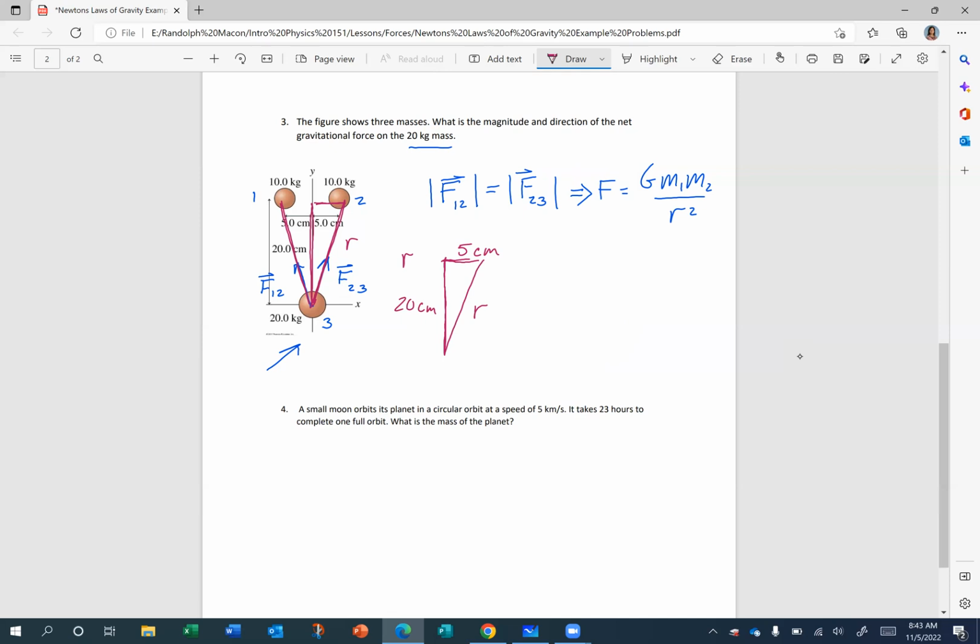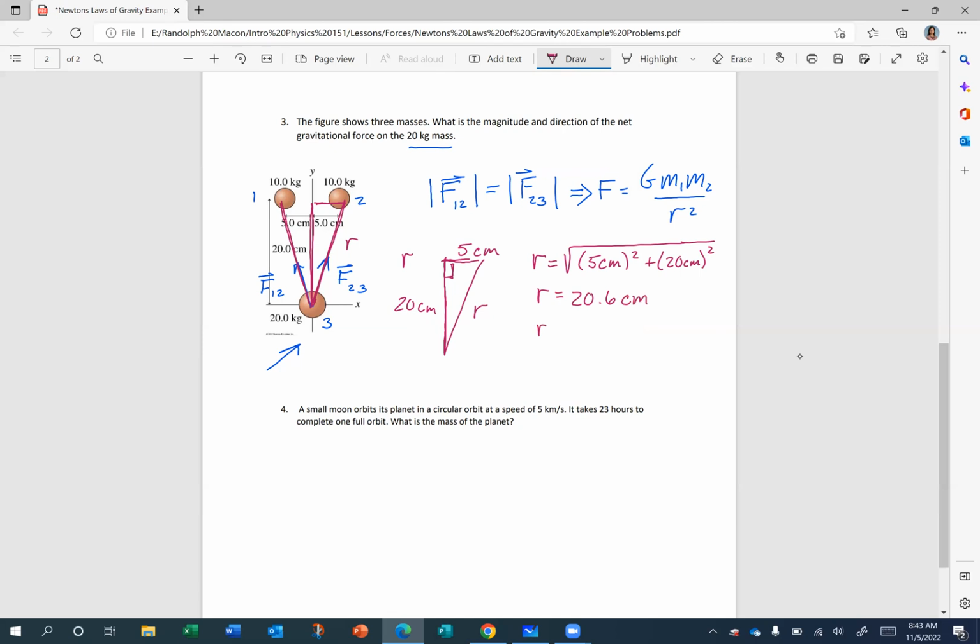So right away, using the Pythagorean theorem, we can say this is the right angle, right? That R is the hypotenuse of that triangle. So R is going to be the square root of 5 centimeters squared plus 20 centimeters squared. So plugging that into our calculators, we get R to be 20.6 centimeters.